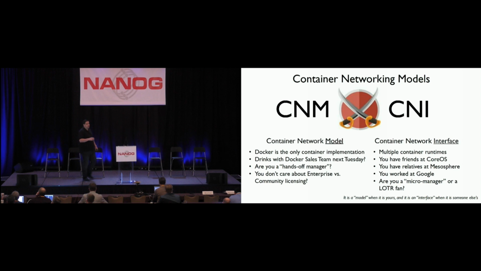And what orchestrators do, they run agents on every system that they want to run Docker, and when they run that agent, they pass certain options in their command line. So one of the options could be use CNI or use CNM. And that's really the difference. So someone thought that it's easier for the industry of container service providers to use CNI. They also avoid vendor lock-in in the sense that if you only use LibNetwork, you might be at risk that Docker would set the rules for you.